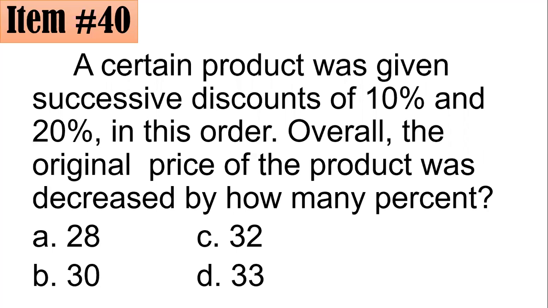Okay. How did you do it? What did you do, Ma'am Judy, if you don't mind? Hello, good evening, sir. I use the successive discount formula, which is x plus y minus x times y divided by 100.